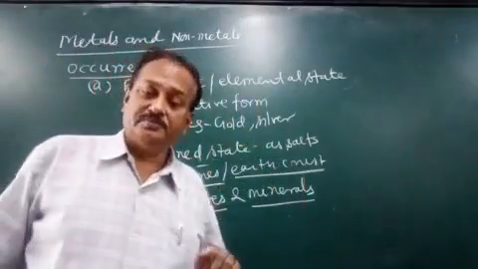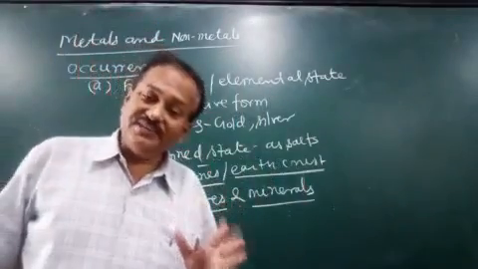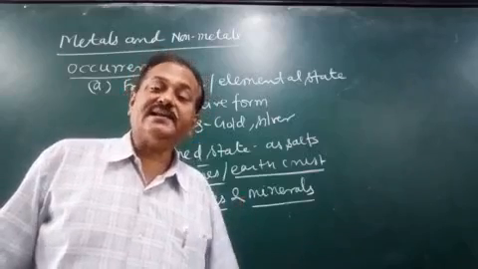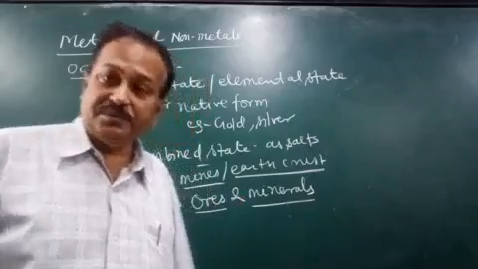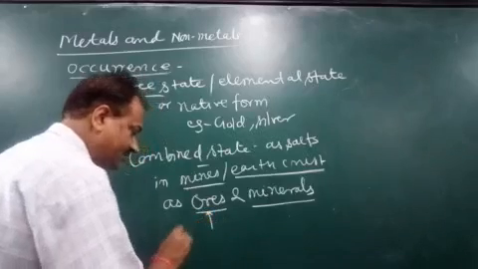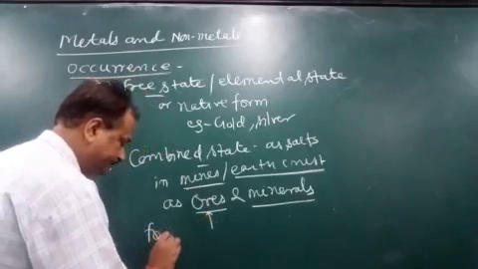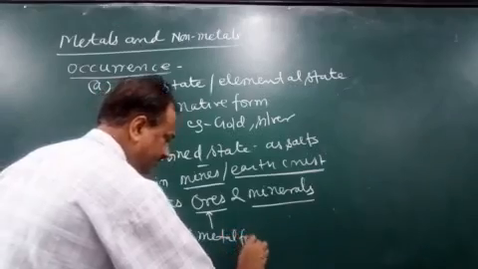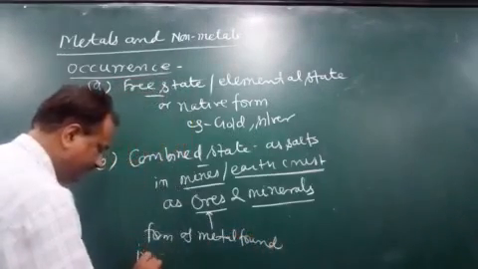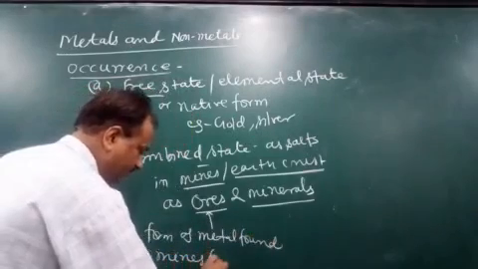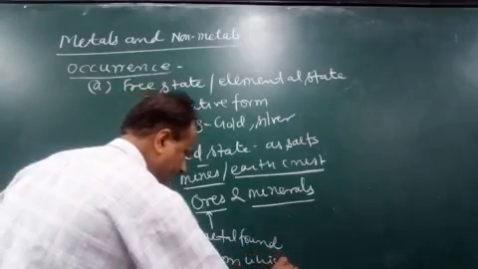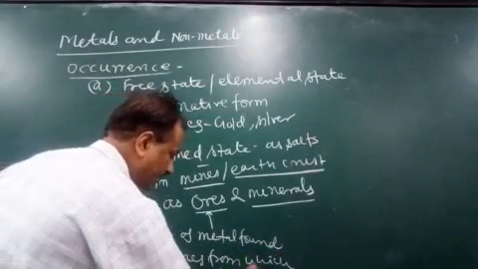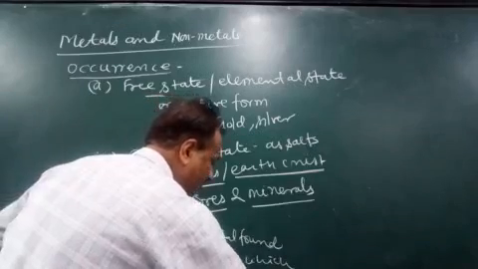Now what is ore? Ore is a substance found in nature from which metal can be obtained easily and economically. So ore is a form of metal found in mines from which metal can be obtained easily and economically.